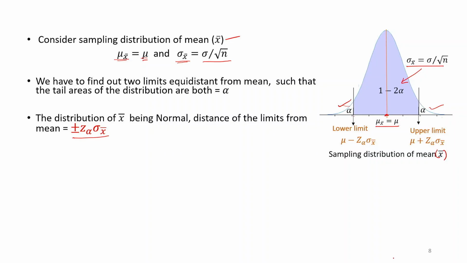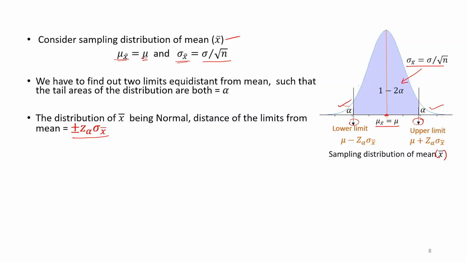So for a given value of alpha, we consult the table and find the value of z alpha. So the z value for a given alpha, we write as z alpha.